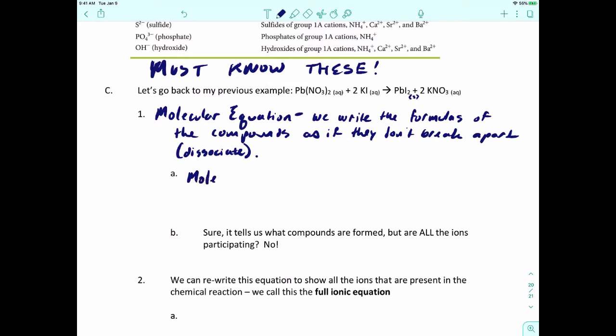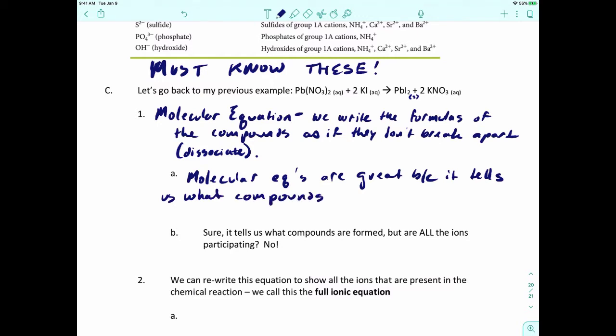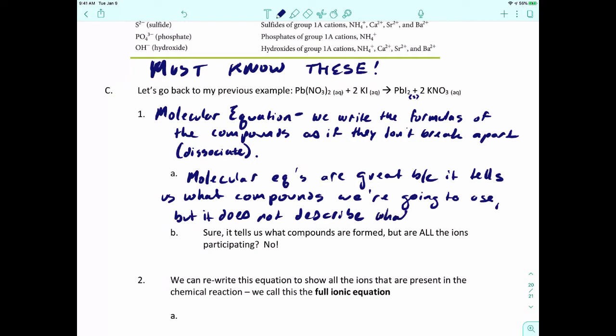So molecular equations are great because they tell us what compounds we're going to use, but they do not tell us what occurs at the atomic level.